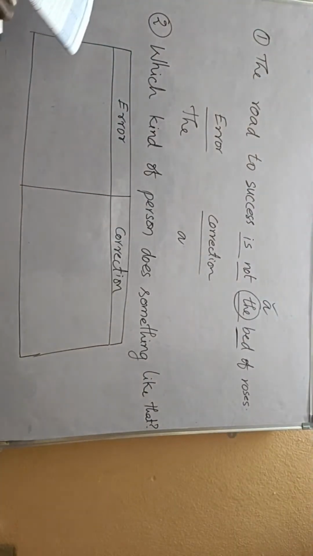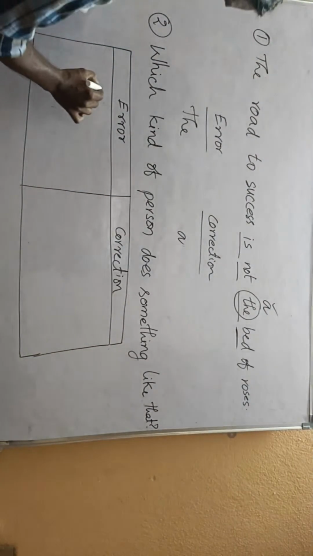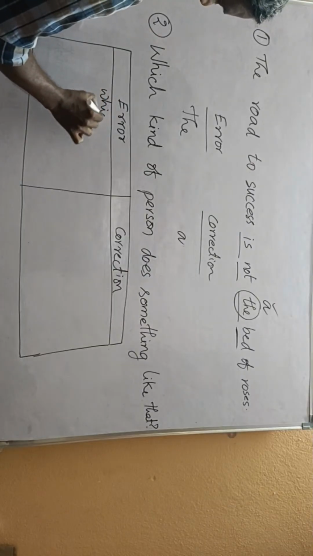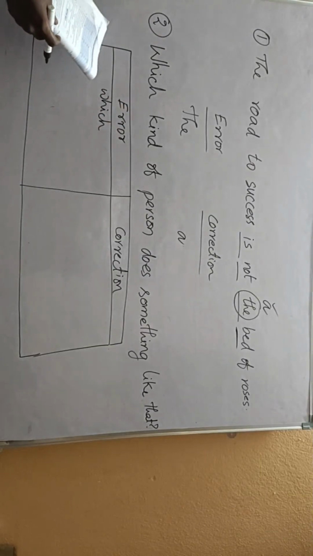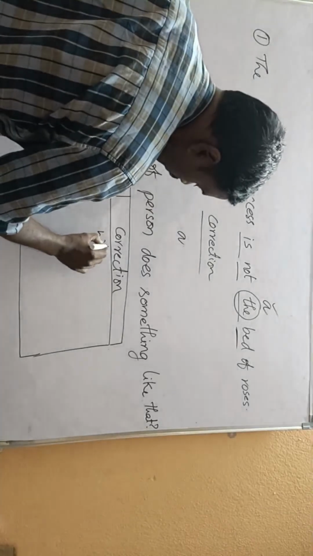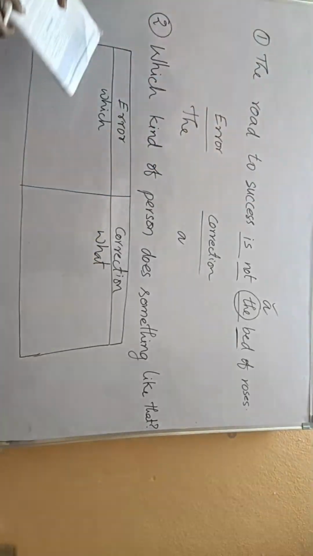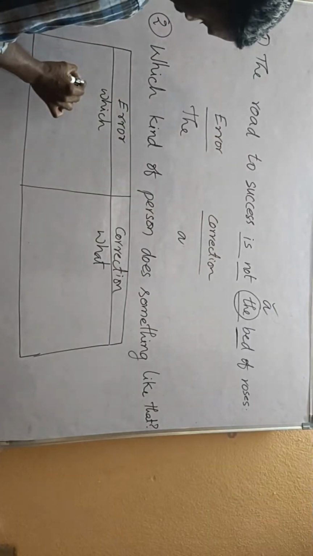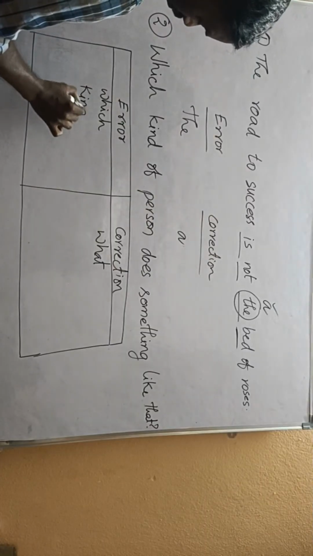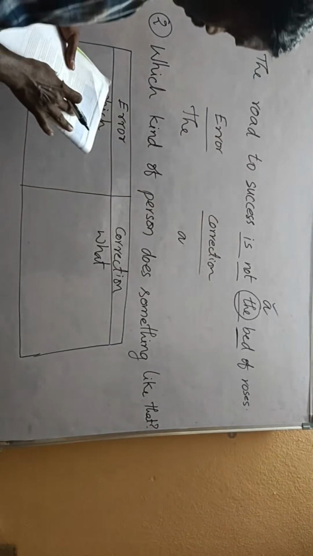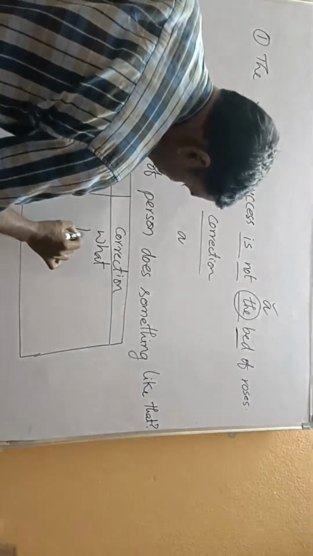The errors, option A: which to what? After that, kind to kinds.